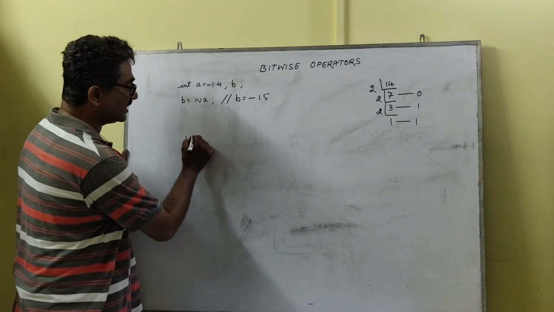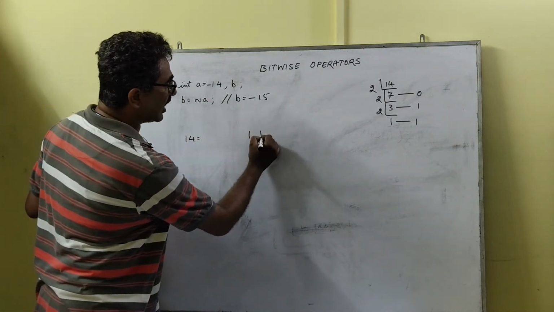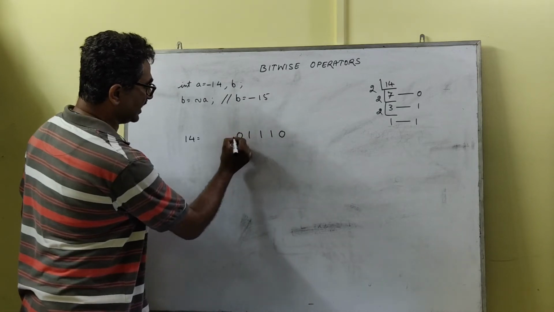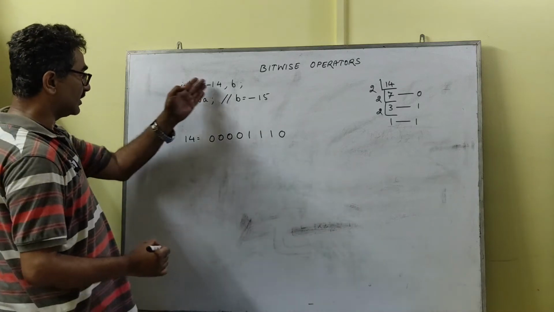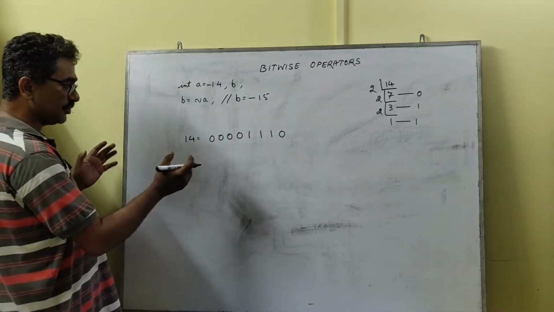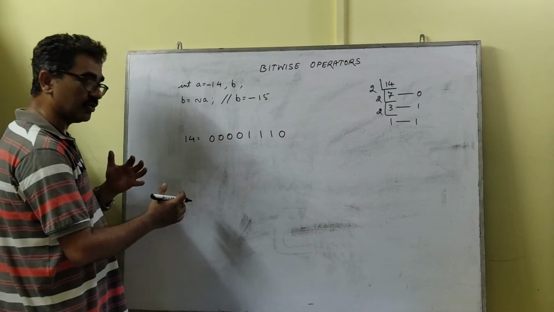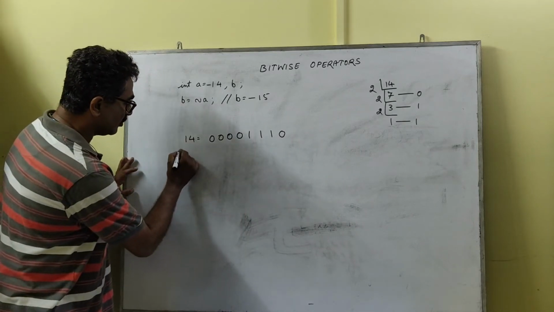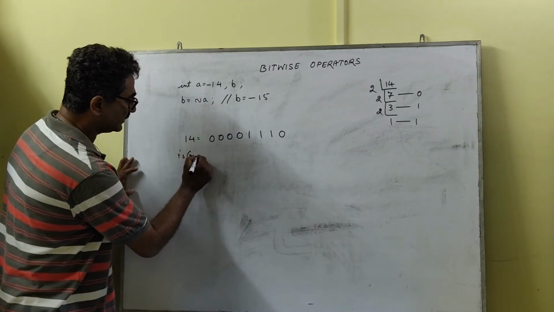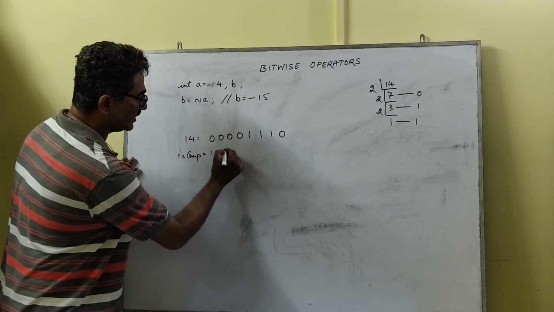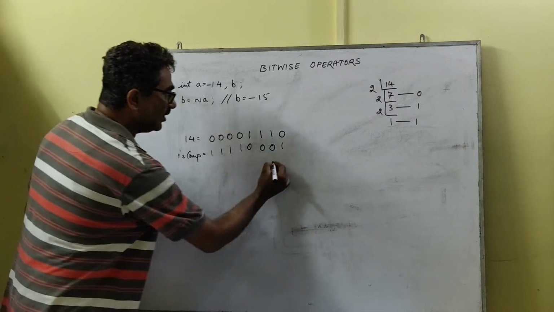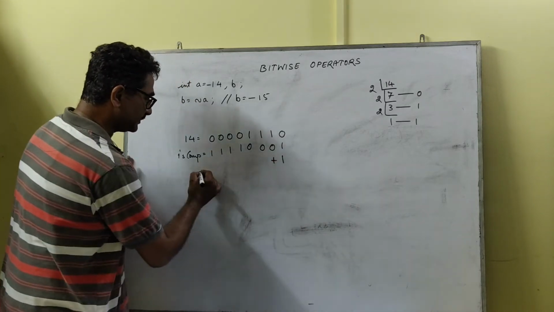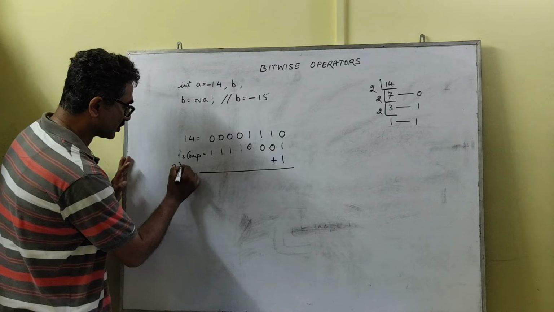So 14 is actually 1110. Again, the last 8 bits for simplicity. This is 14. Now for representing minus 14, we have to use 2's complement. For 2's complement, first go for 1's complement. So 1's complement will be reverse the bits and add a 1 to the 1's complement to get the 2's complement.